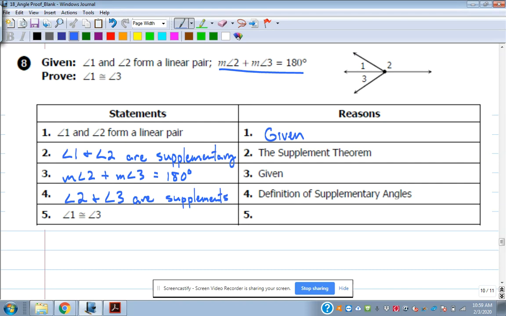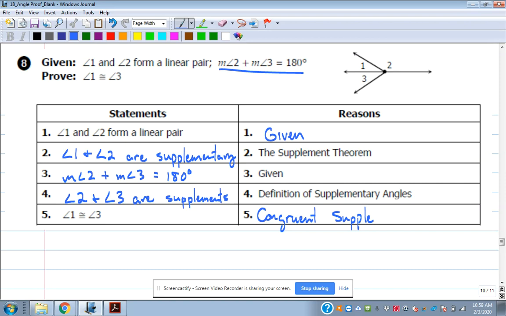And then angle 1, since it's supplementary with angle 2, and angle 2 is supplementary with angle 3, that's kind of like transitive, but it's more specific because it's talking about supplementary angles. So it's the congruent supplements theorem. It's on the front there, the very last one, very bottom one, congruent supplements theorem.